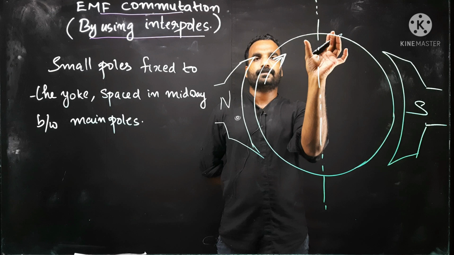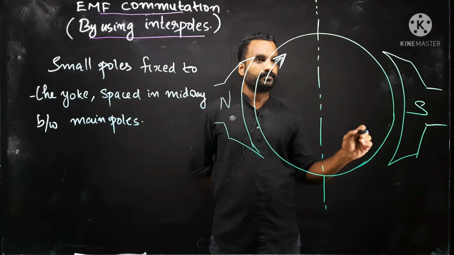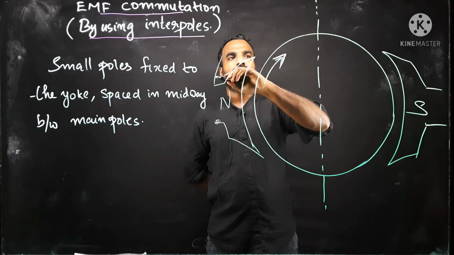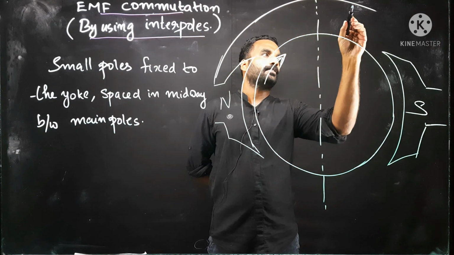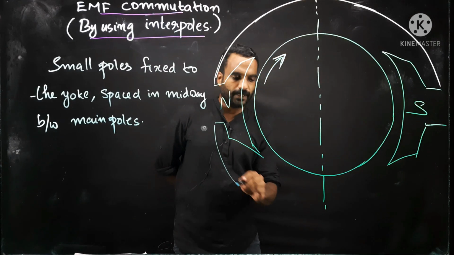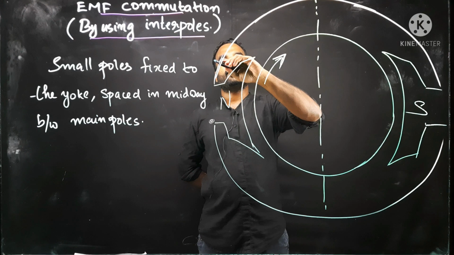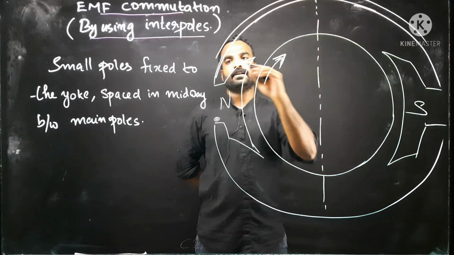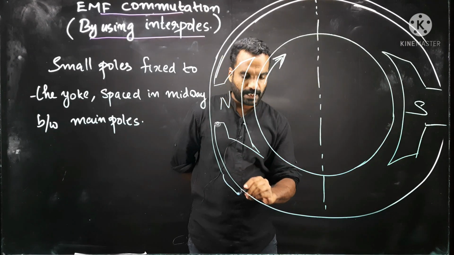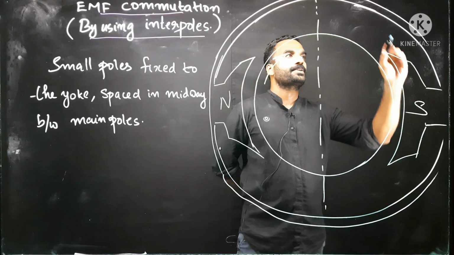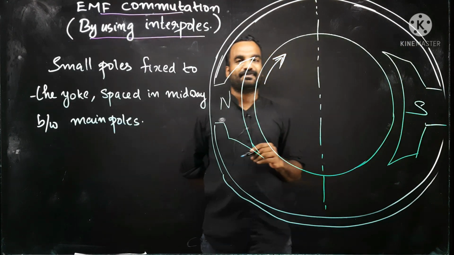So, this is the yoke. Actually, the yoke is here. If you complete the figure, it will look like this. So, this is the yoke. The outer covering is the yoke. I know the drawing is not that perfect. Please excuse me.